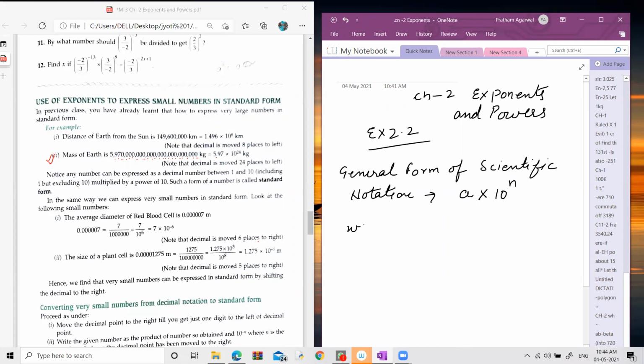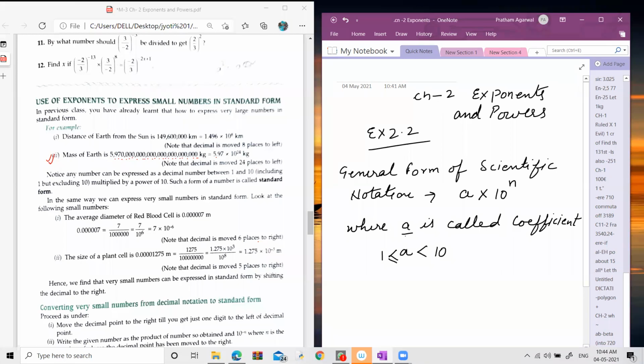Where A is called the coefficient. Okay? And the value of A is always equal to or greater than 1 and less than 10.